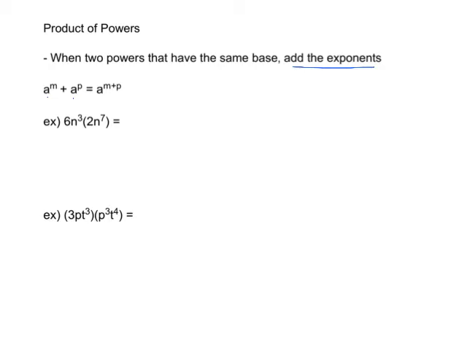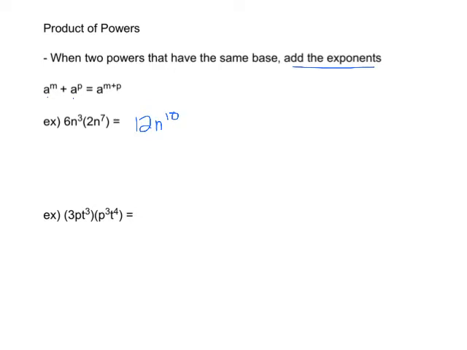So I'm going to multiply my constants, which are 6 and 2, so I get 12. And then my bases are the same, n. So based on my definition, I need to add my exponents. So I'm going to have n to the 10th power because I added my exponents.